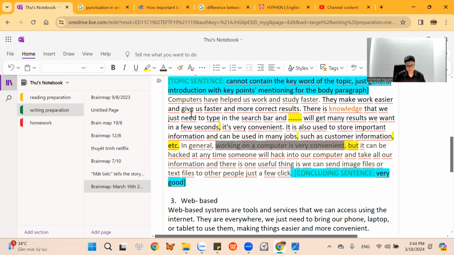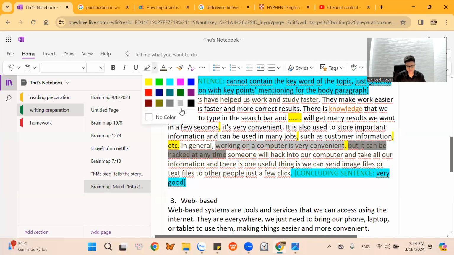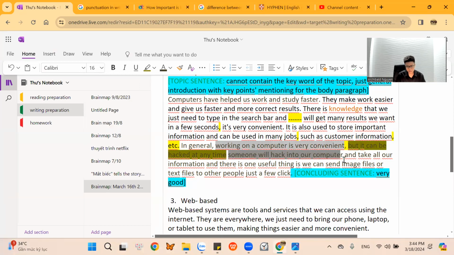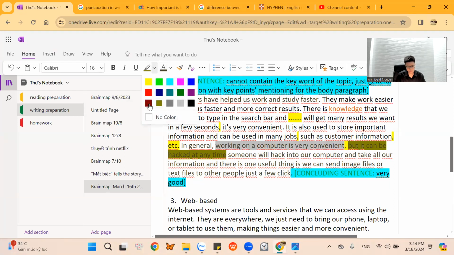First, I say this is the first sentence. Okay, this is the first one. I'm going to put the color like this. This is the second sentence. Someone will hack into your computer and take, okay, this is the third sentence. This is the third one.